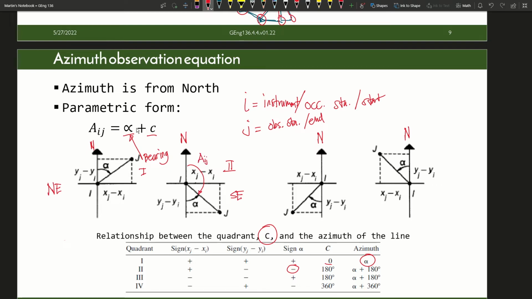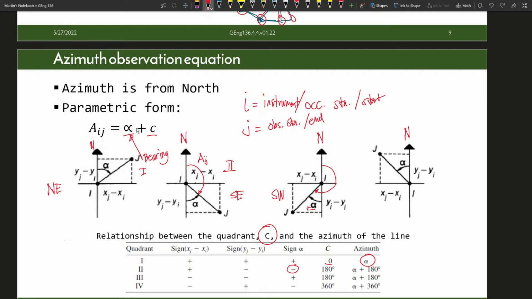Then for southwest, your alpha is positive, because it's in clockwise direction. So your alpha plus 180 should be greater than 180 but less than 270 degrees.